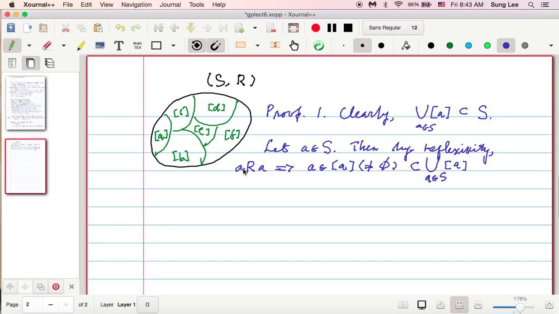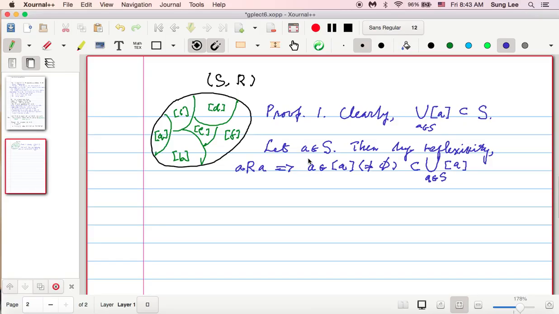Here A is a particular element that I have chosen. This is just the generic one, generic A. So these are not actually the same A. I hope I'm not confusing you.